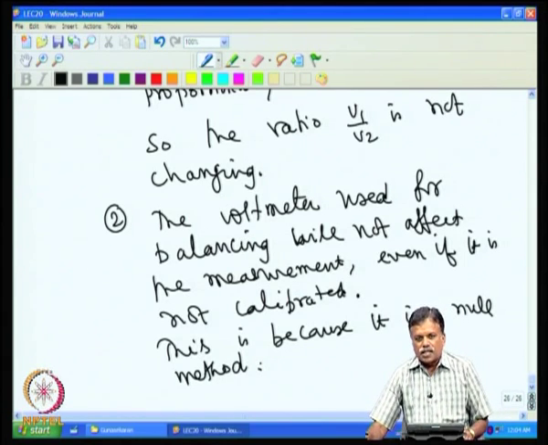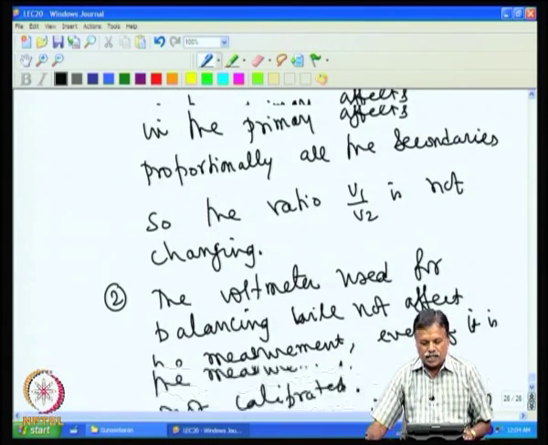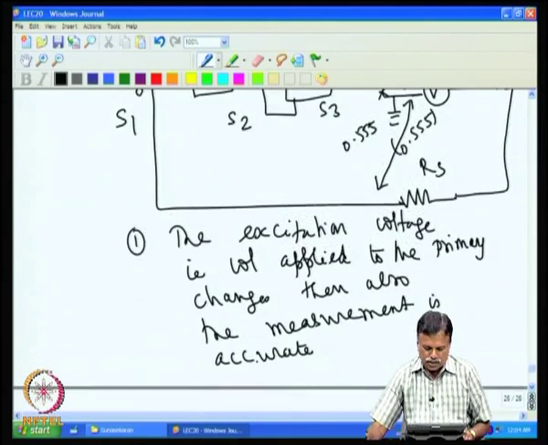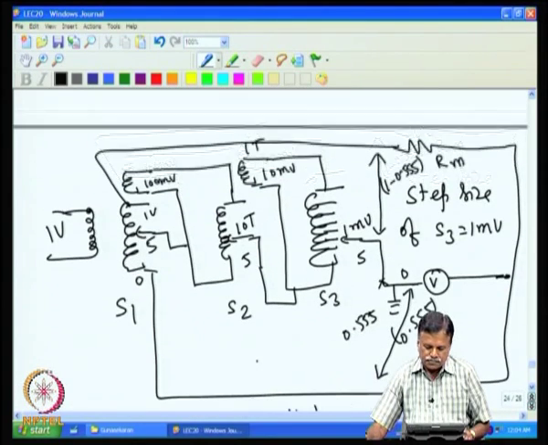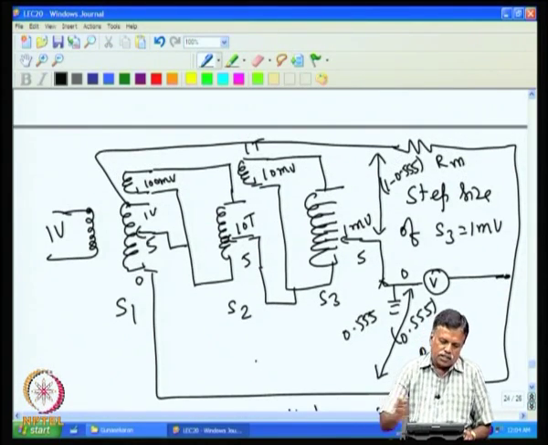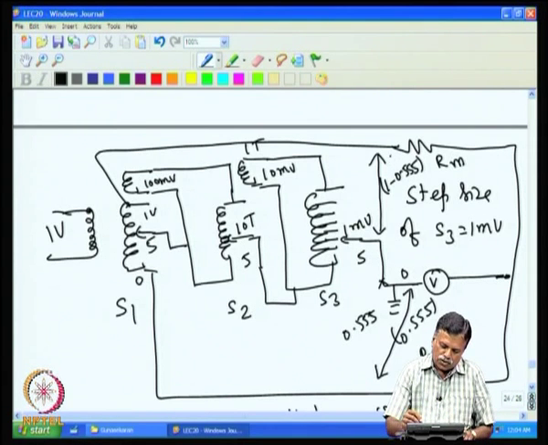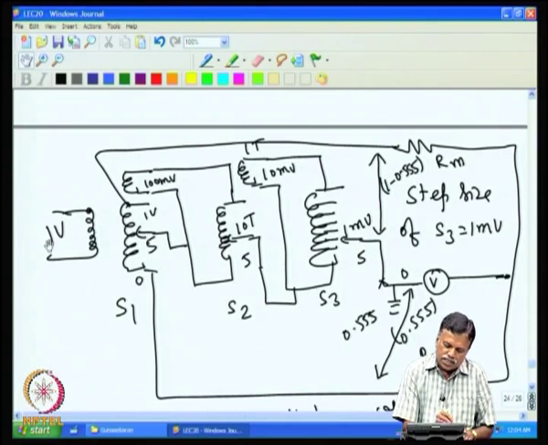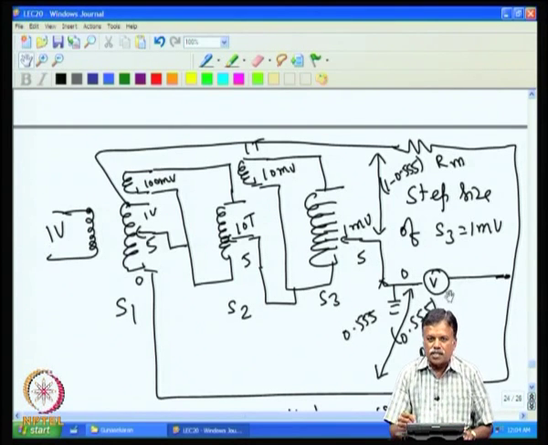So, one can measure the resistance accurately, and the leakage resistance has no effect, as we already discussed. The voltmeter we are using here for balancing, even if it has error, will not produce any error in measurement. And even if the excitation voltage changes, that also has no effect on the measurement.